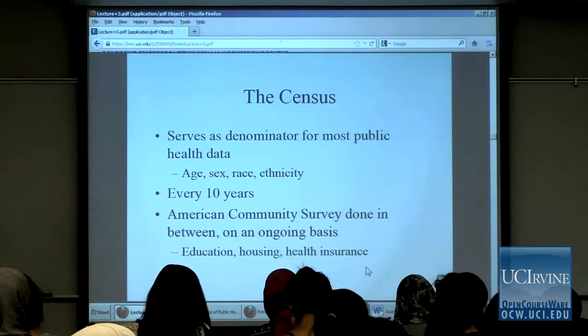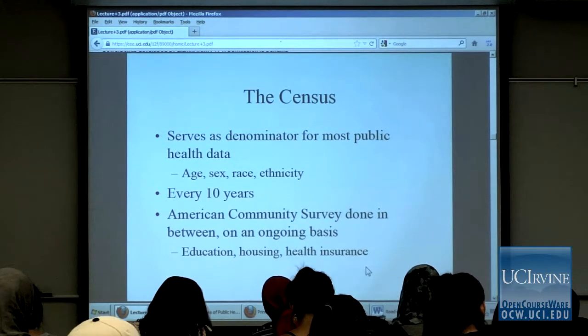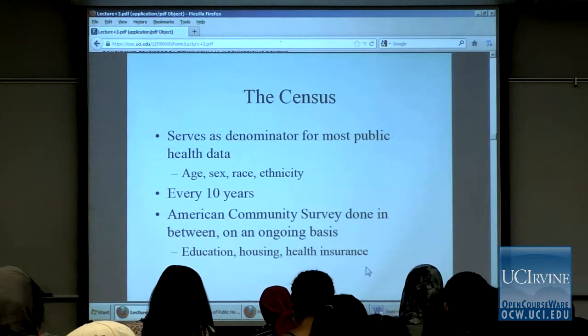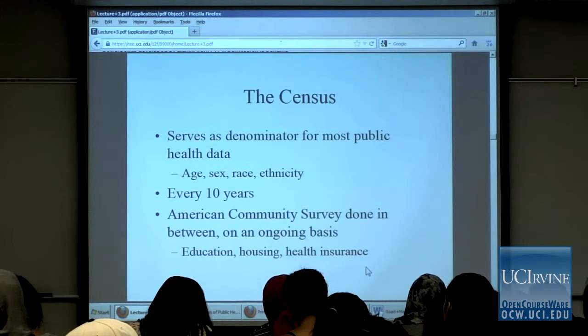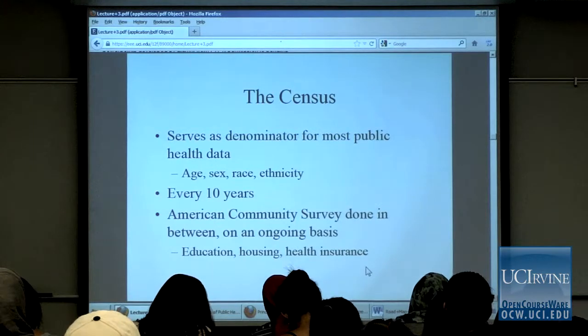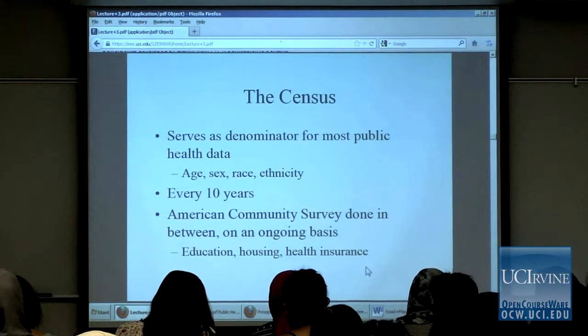The census is done every 10 years. We already talked about some specific errors that can happen, and what can be done through adjustment to make the data as accurate as possible.